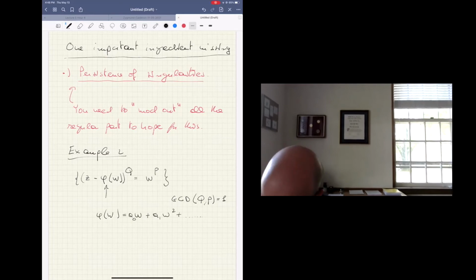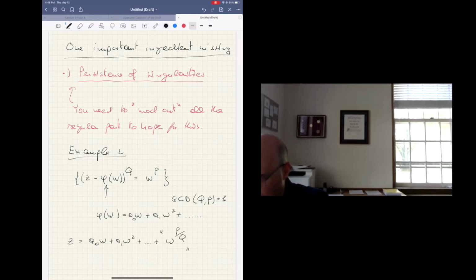Now ideally, what I would like to do is write z as a function of w, and what does it look like? z looks like a0 w, which is single valued, plus a1 w squared, which is single valued, and then somewhere over here I'm just going to put w to the power p over q, quote unquote, because I have to take a determination of my q-th root, but locally this is what I'm going to see.